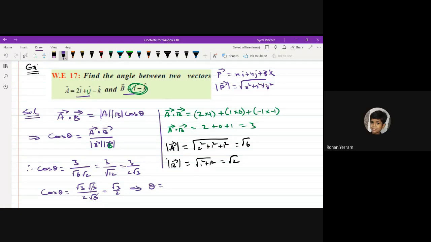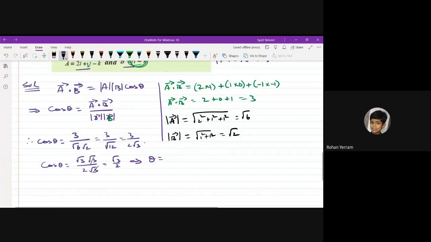Theta is 60 or 30? Cos 60 is 1 by 2. Cos 30 is root 3 by 2. So angle between these two vectors is 30 degrees.